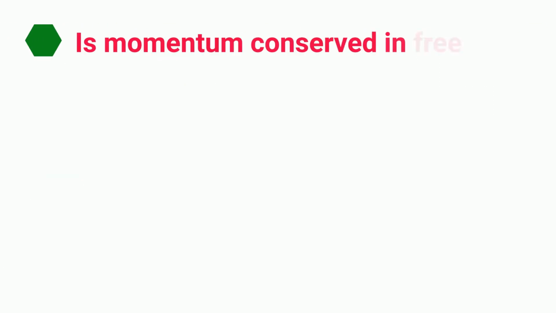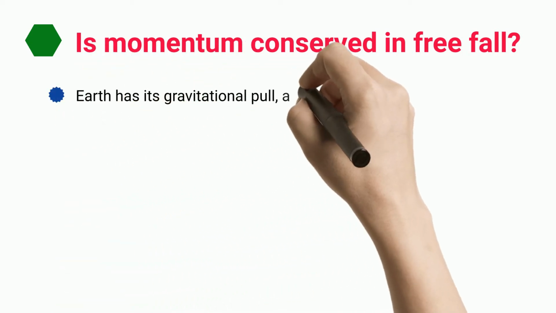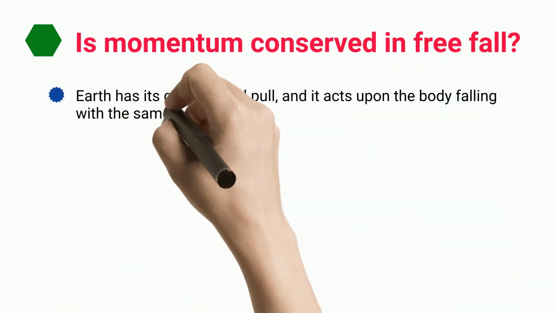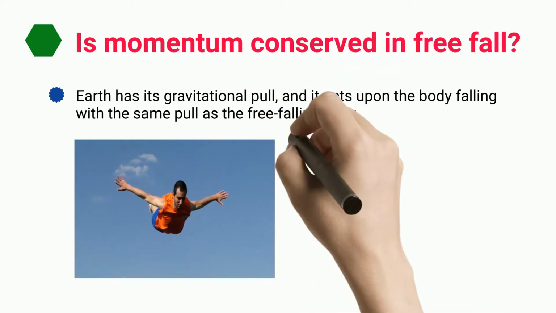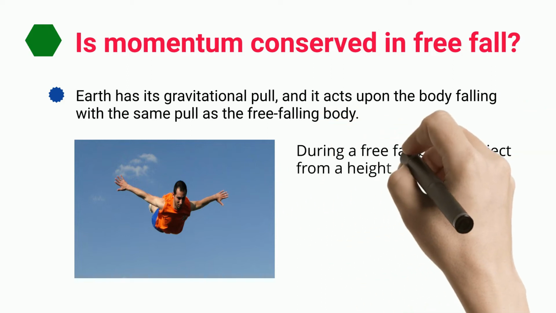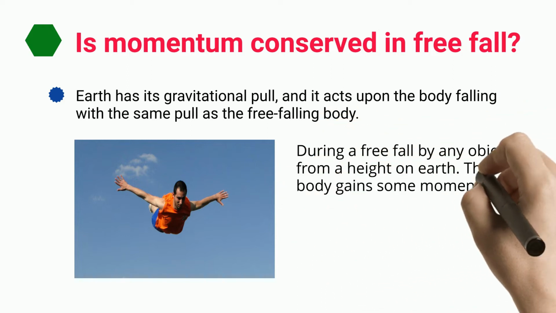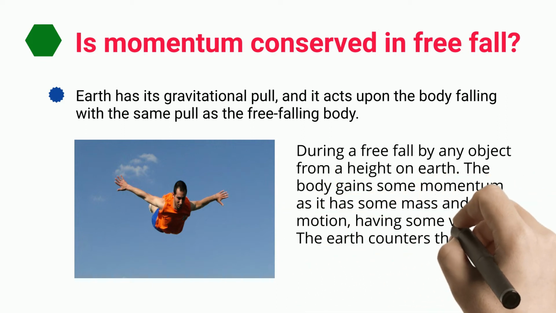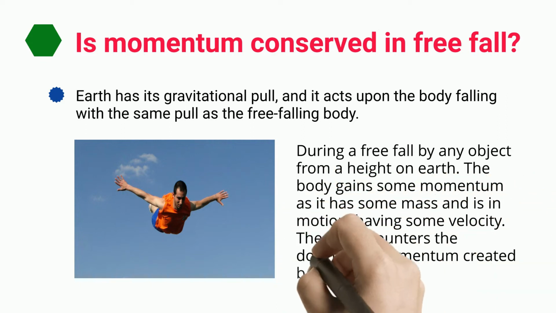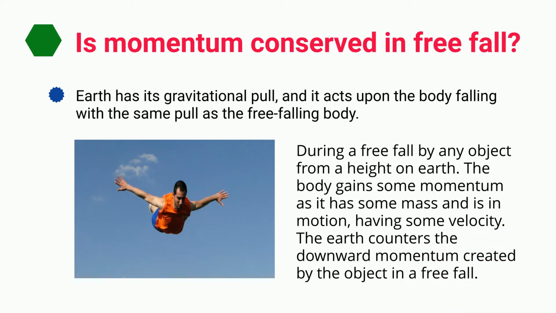Is momentum conserved in free fall? Earth has its gravitational pull, and it acts upon the falling body with the same pull as on any free-falling body. During a free fall by any object from a height on Earth, the body gains some momentum as it has some mass and is in motion, having some velocity. The Earth counters the downward momentum created by the object in a free fall.